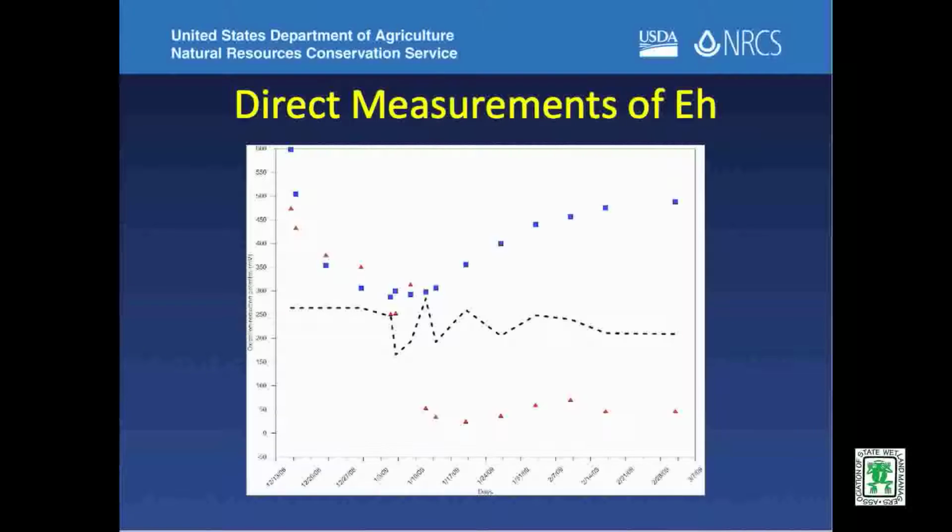However, the red triangles stay above the Eh line up until about the second week in January, and then they fall below that line and remain below it through March 7th. So the site with the triangles meets the anaerobic conditions part of the technical standard, and the blue squares do not.